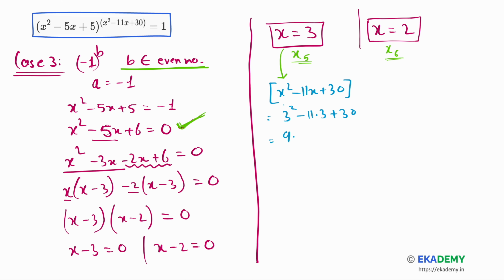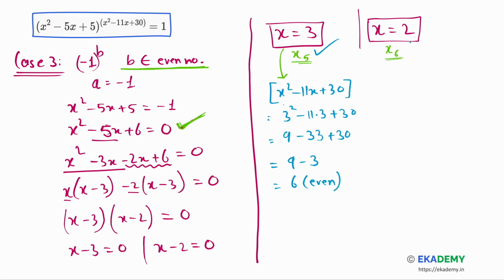So that is 9 minus 33 plus 30, right? So that means 9 and minus 3, which is 6, and 6 is an even number. 6 is even. Hence, we can say that this x5, 3, is a solution of this mega quadratic equation, right?